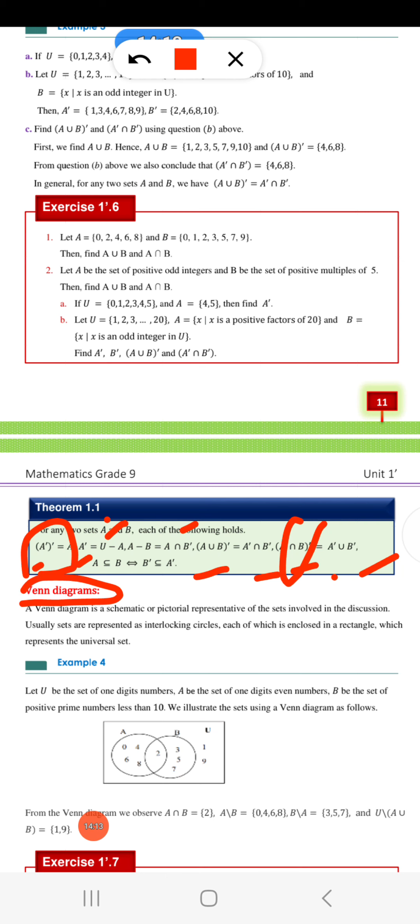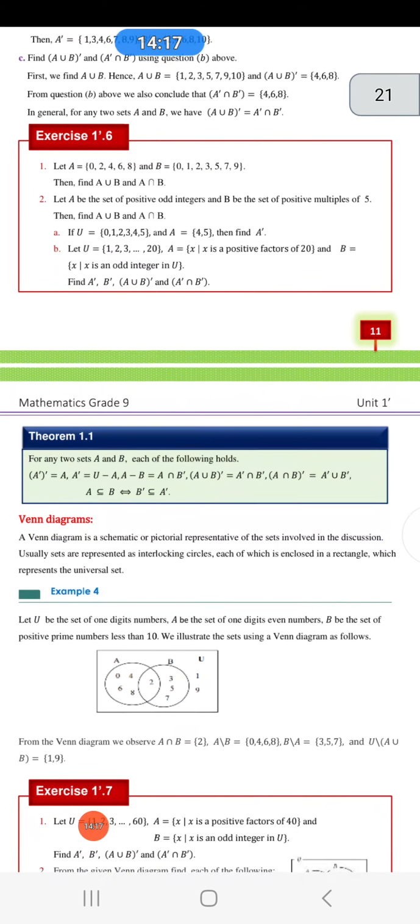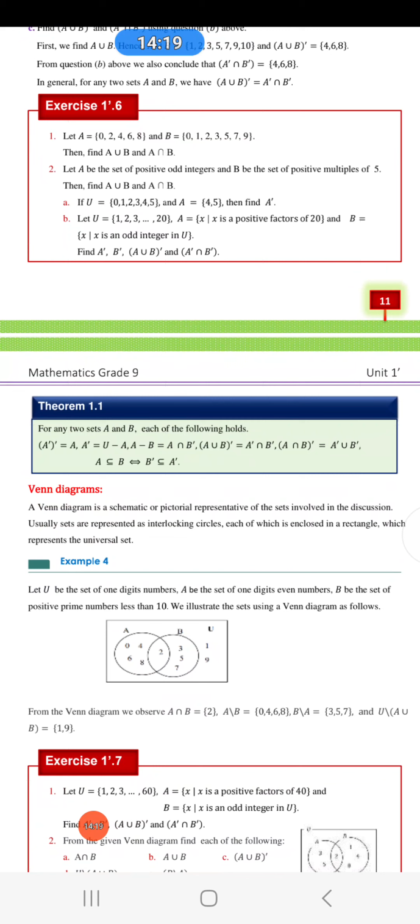Okay, Venn diagram yookiin diagraamii danaa Venn jechuudha. Venn diagram is schematic or pictorial representative of the sets involved in the discussion.